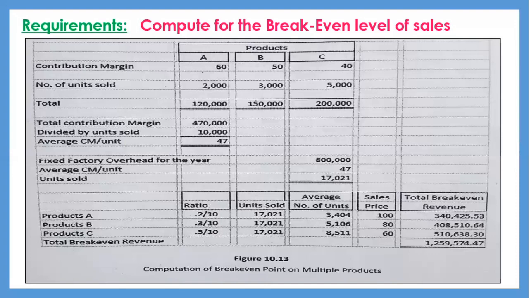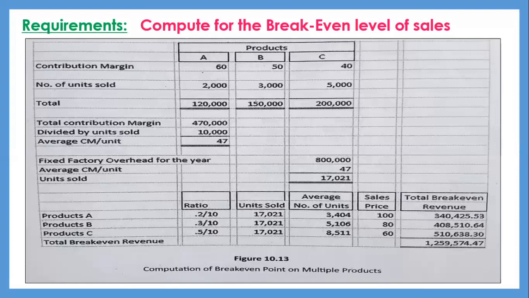Now, for product A, you have their ratio of 0.2 divided by 10. Units sold, that would be 17,021 units. For the average number of units, that would be 3,404. The sales price is 100, and therefore the total break-even revenue would be 340,425.53 pesos.